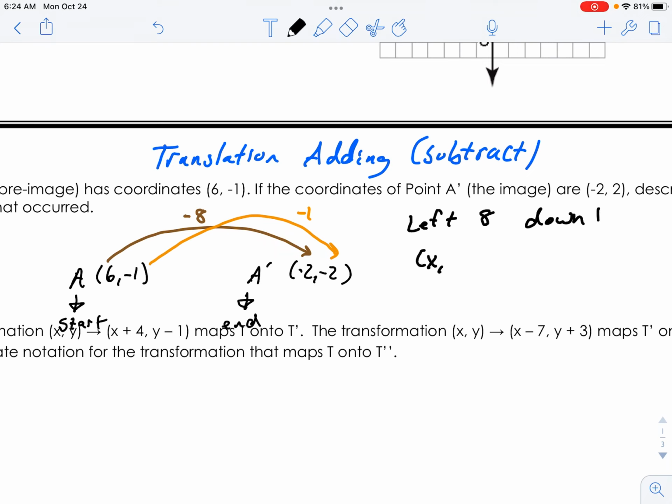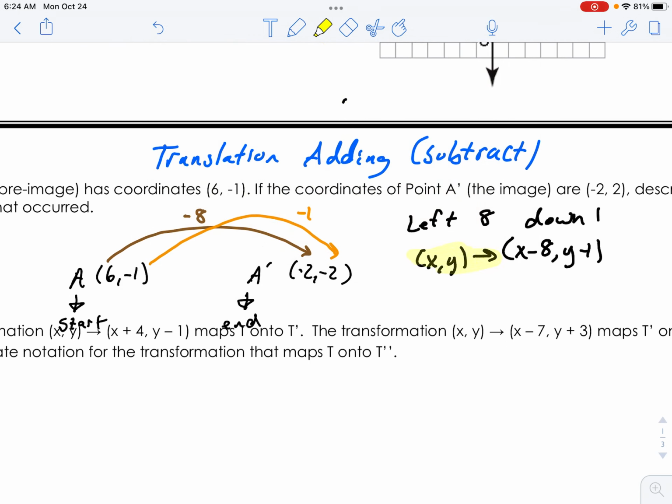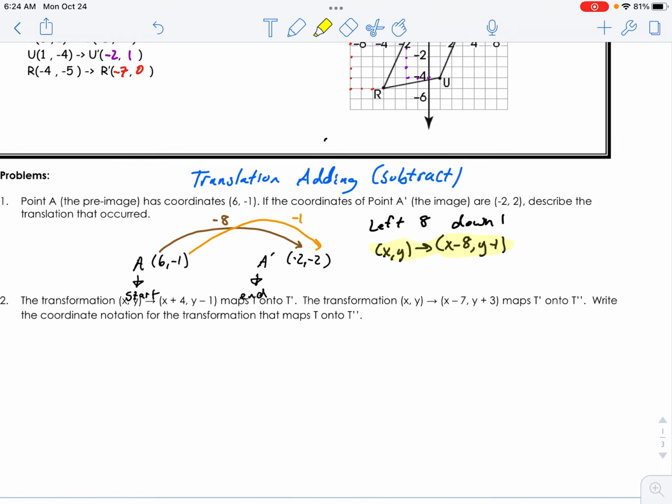Or we can put it in coordinate notation. And please realize this whole thing is the coordinate notation. x, y, arrow, x minus 8, y minus 1. Students like to just put the right part of it, which isn't the whole thing. You have to put the whole thing. That's just how it is. That's how you input it to a computer if you wanted to.